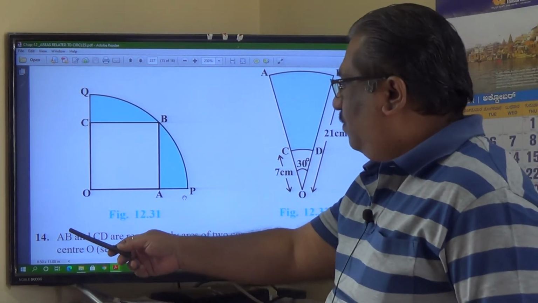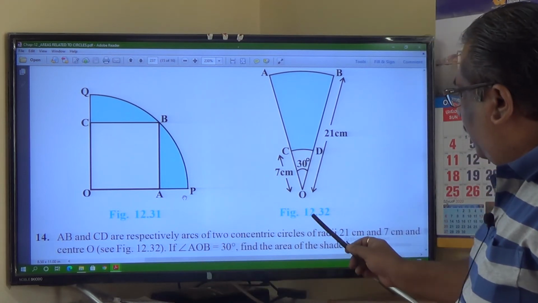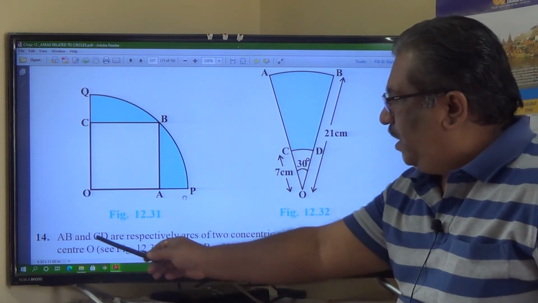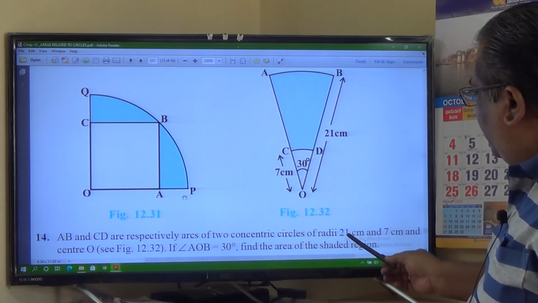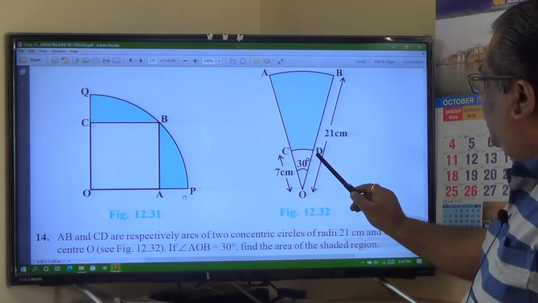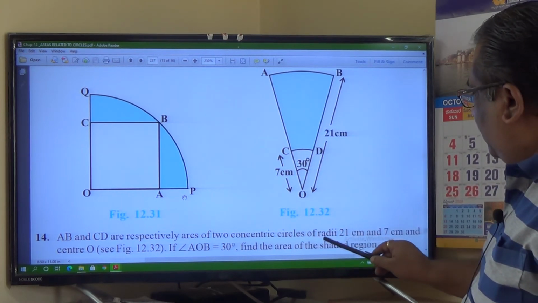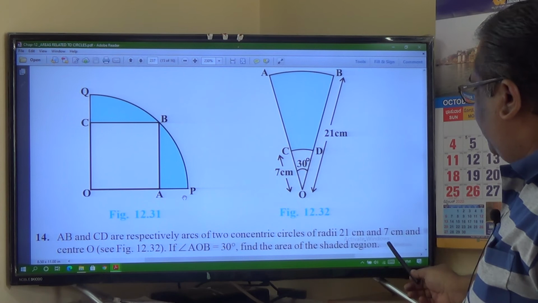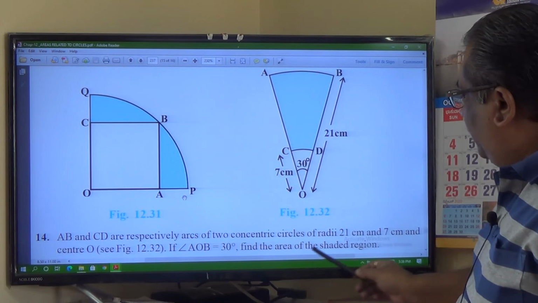Question number 14. This diagram is 12.32. This sketch refers to this problem. AB and CD are respectively arcs of two concentric circles of radii 21 centimeter and 7 centimeter, with center O. If angle AOB is 30 degrees, find the area of the shaded region.